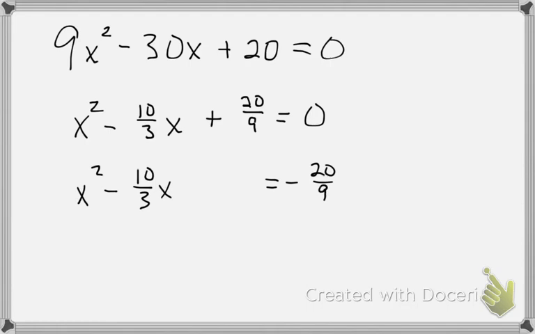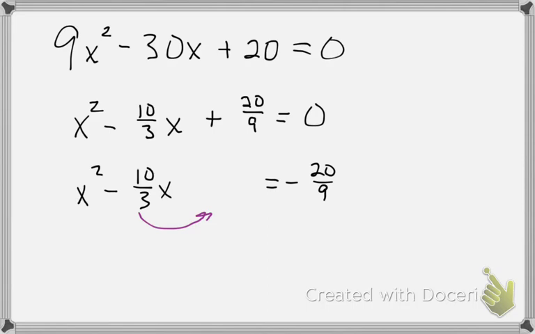So if we subtract the 20 over 9 over, we get x squared minus 10/3 x equals negative 20 over 9. And we fill that blank, fill that space with that special number. So what do we do?